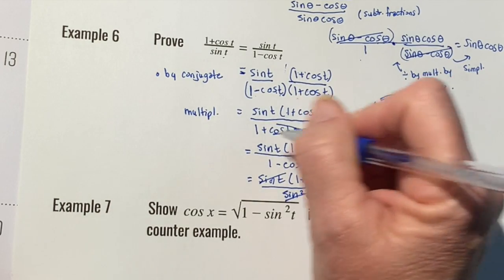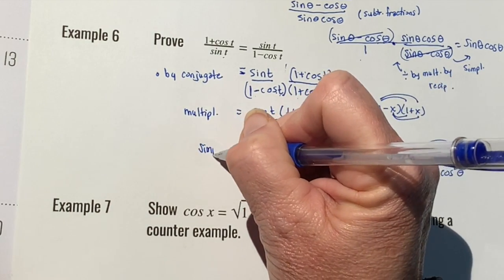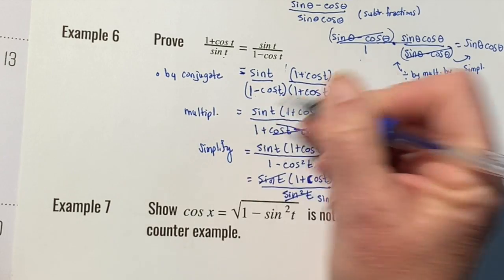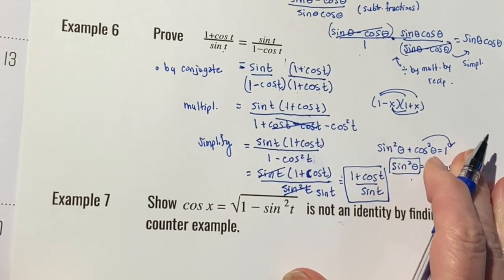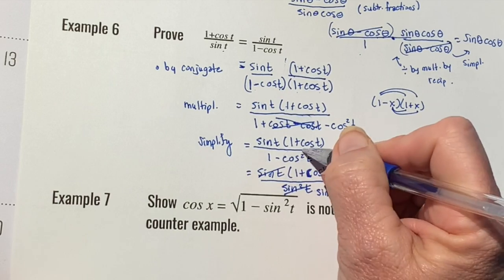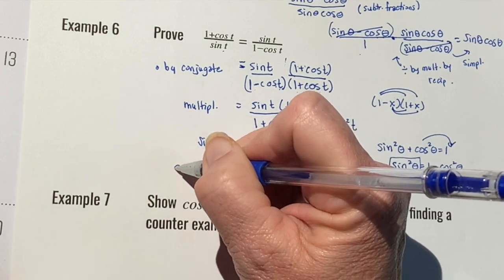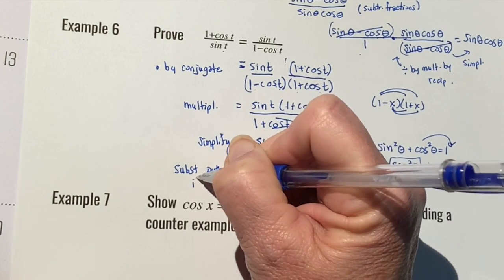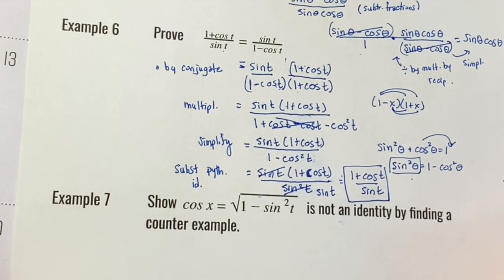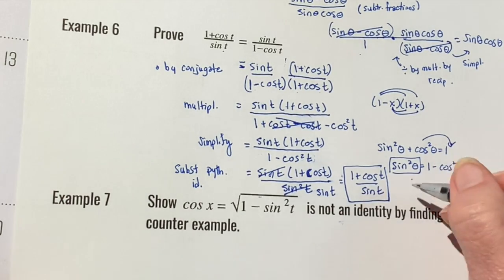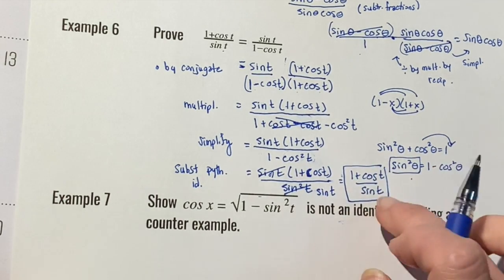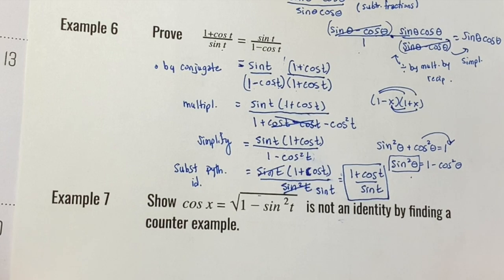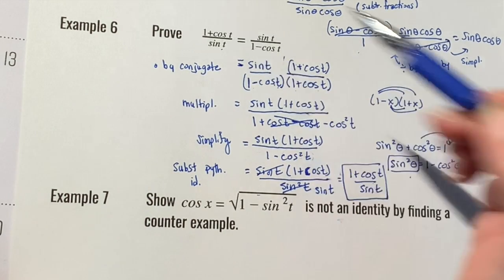Did nothing here but just simplify, basically just let these subtract out. Did a substitution of a Pythagorean identity. So I'm going to substitute the Pythagorean identity. And then just reduced, so reduced by dividing out the common sine. And I got what I need.